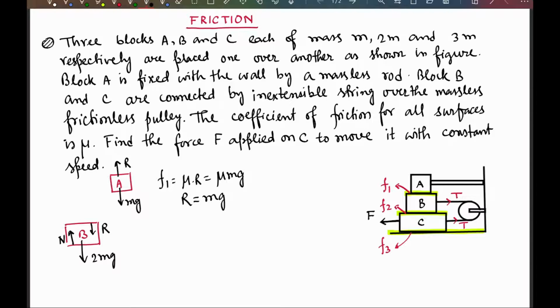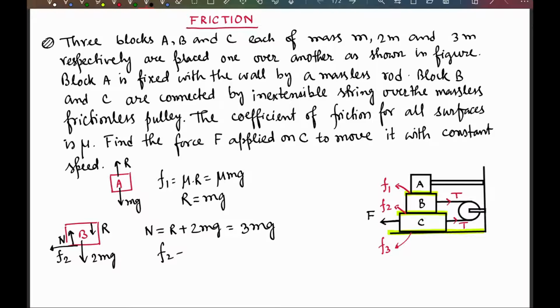Now here N is equal to R plus 2 mg. Therefore, N is equal to 3 mg. So the frictional force acting in this direction is F2.